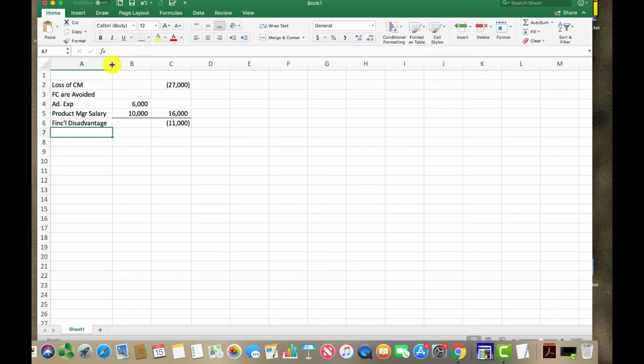In this case, by dropping it, we have a financial disadvantage of $11,000. So that's going to hurt us in the long run. We might as well just keep this product line in place, because at the end of the day, our income is going to drop by $11,000 if we get rid of it. It all focuses on that contribution margin.